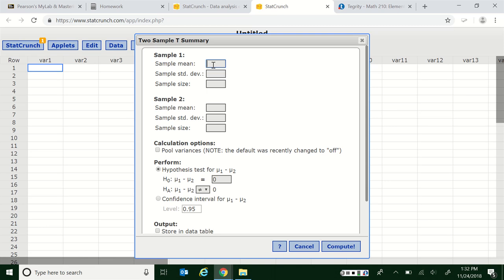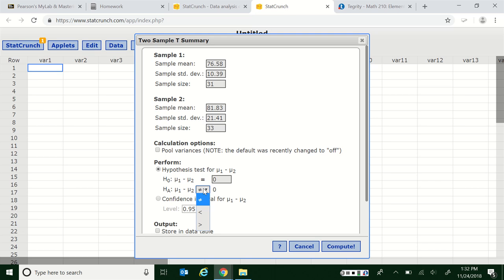This is just the information they gave us. So our first one had a sample mean of 76.58, sample standard deviation of 10.39, sample size of 31. And so I'm just copying this, 81.83, 21.41, and 33.